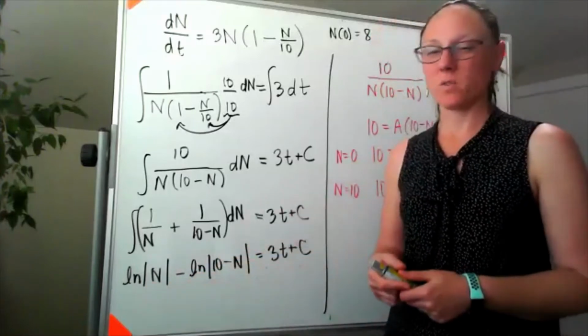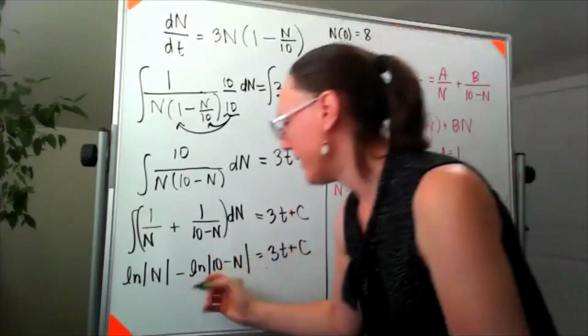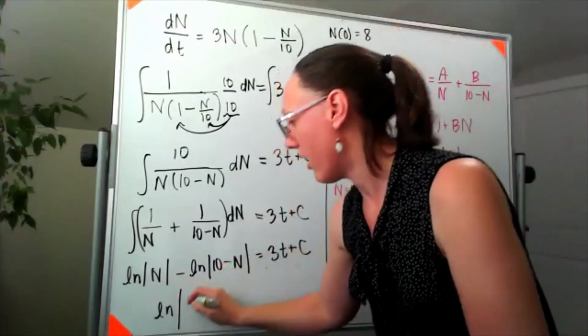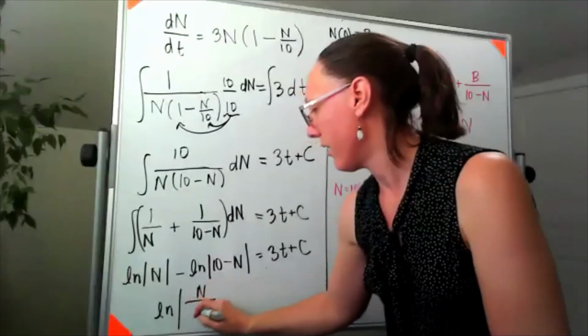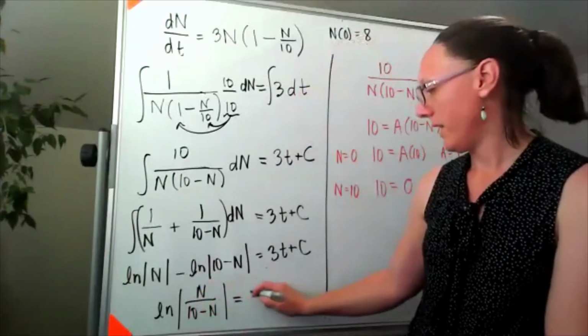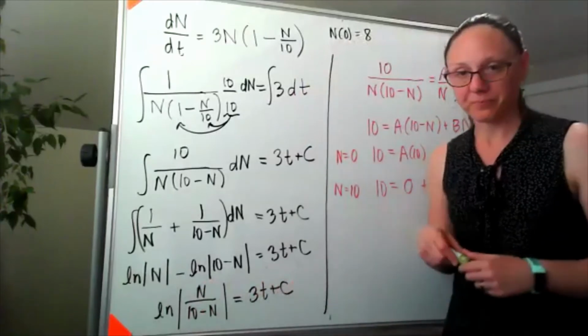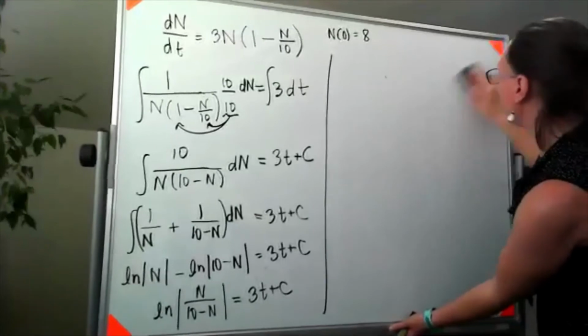So if I combine those together, that subtraction means I'll have division inside. So this is going to look like natural log of n over 10 minus n is equal to 3t plus c.